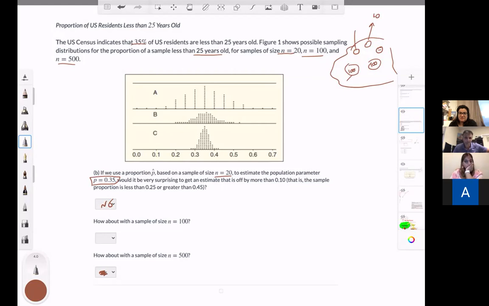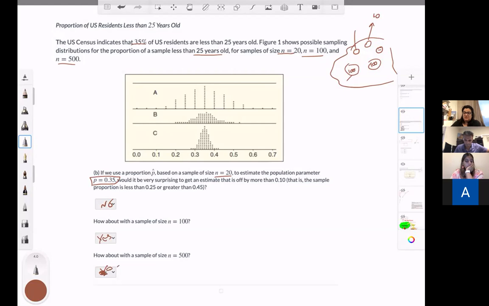More than 0.10 will be very off. So I would be surprised, yes. For n equal 500, yes, I will be surprised. We shouldn't be off by 10%. Correct?